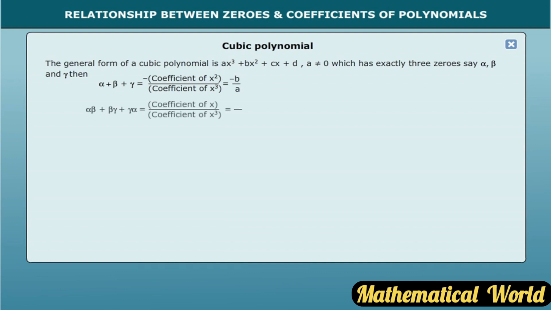Alpha beta plus beta gamma plus gamma alpha is equal to coefficient of x upon coefficient of x cube, that is c upon a, and alpha into beta into gamma is equal to minus constant term upon coefficient of x cube, that is minus d upon a.